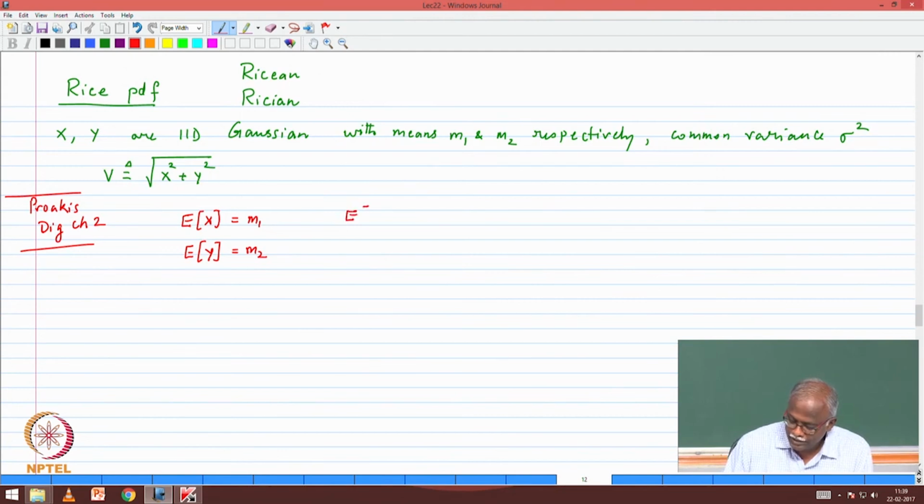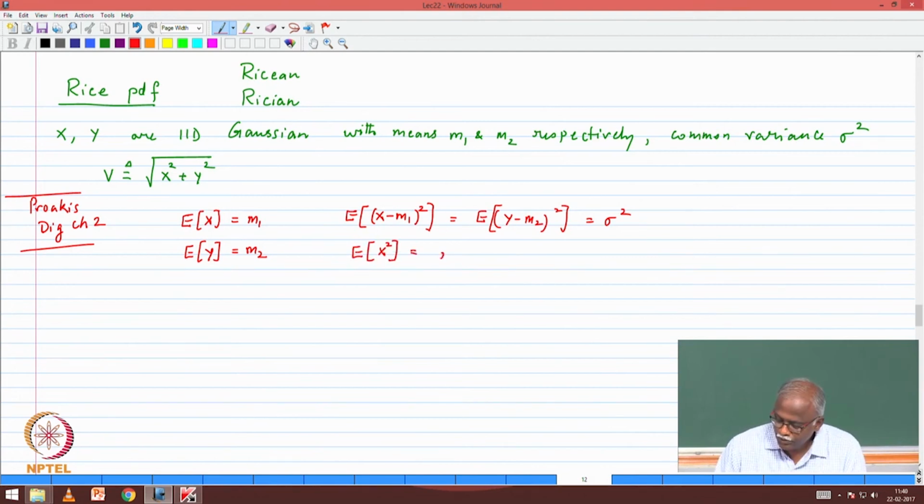Now the variance, the expected value of x minus m1 whole squared, and the variance of y minus m2 whole squared, both of them are equal to sigma squared. So that tells us that the expected value of x squared is going to be equal to sigma squared plus m1 squared. Again, these are results that you will easily be able to verify. And the expected value of y squared is equal to sigma squared plus m2 squared.